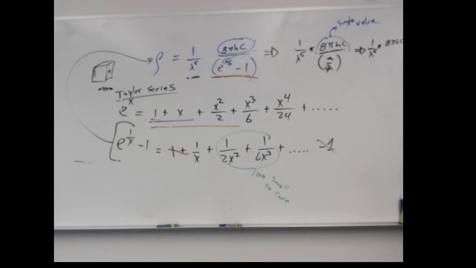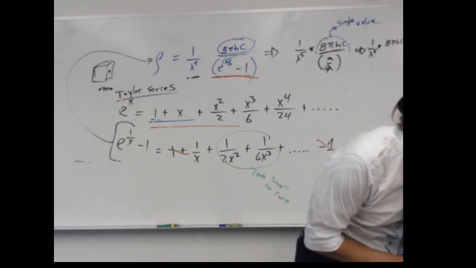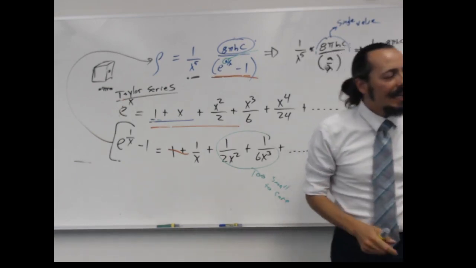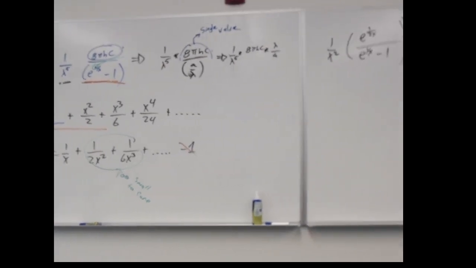You get something that's like a 1 over x squared, and you can get something that is e to the 1 over 2x divided by e to the 1 over x minus 1. And you end up getting a similar mathematical form to what Max Planck got.